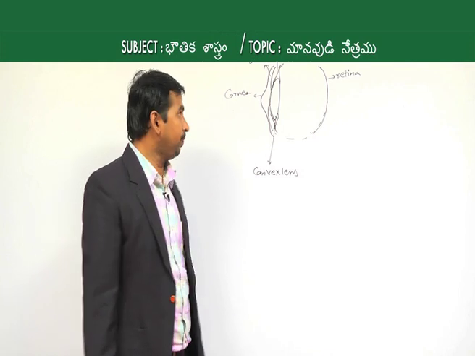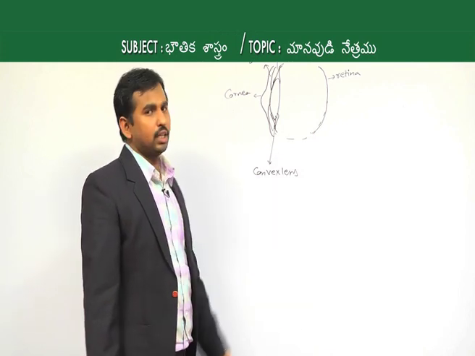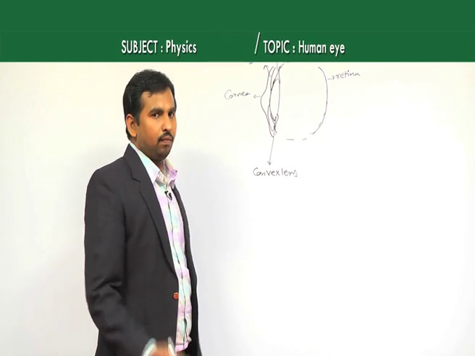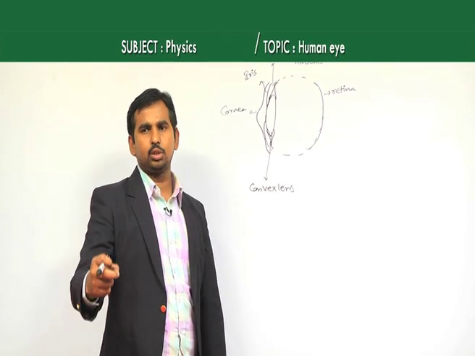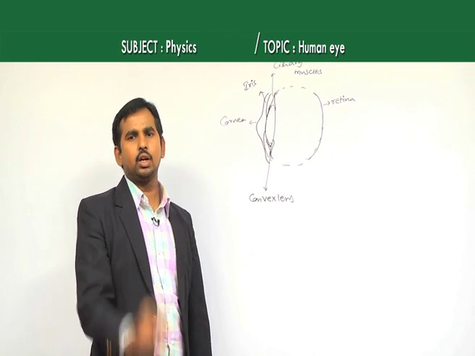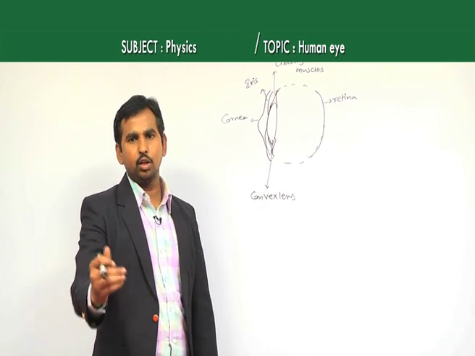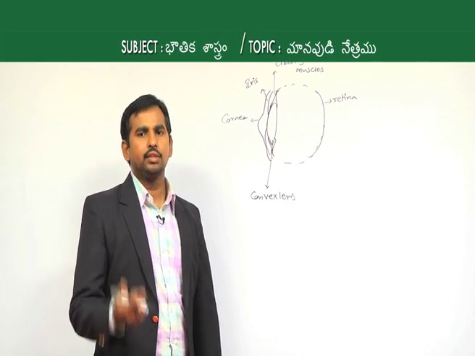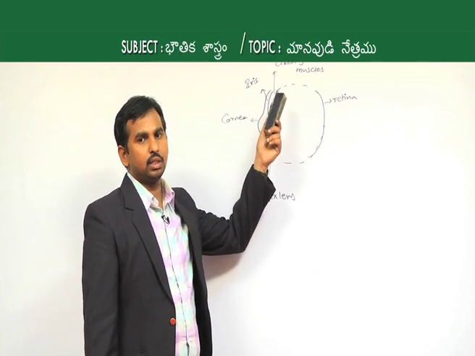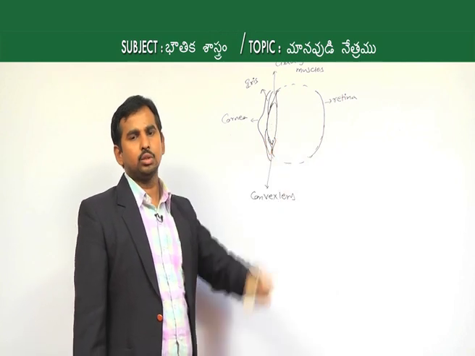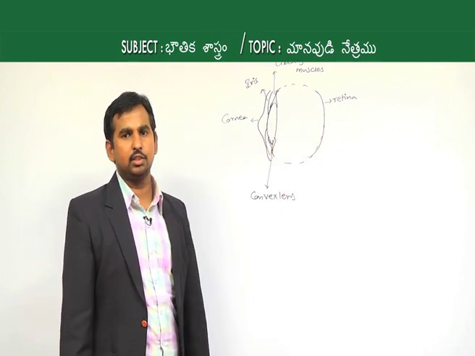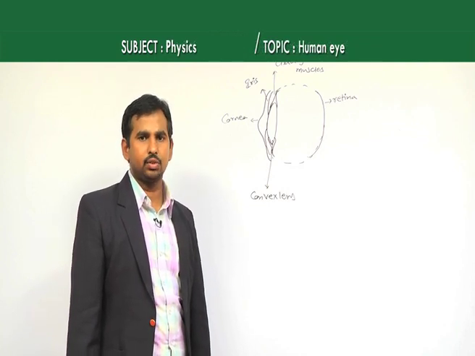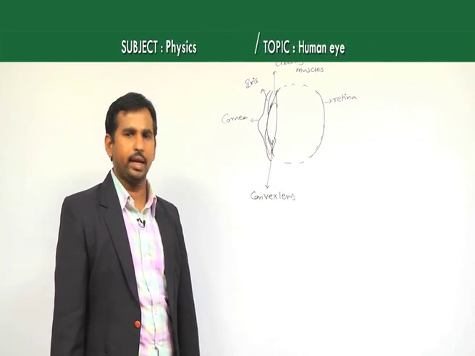Now, the ciliary muscles help here: whether you are seeing near or far objects, depending on the object distance, we have to adjust our focal length. That work is done by our ciliary muscles. So, the role of the ciliary muscles is adjusting the focal length of the eye lens.